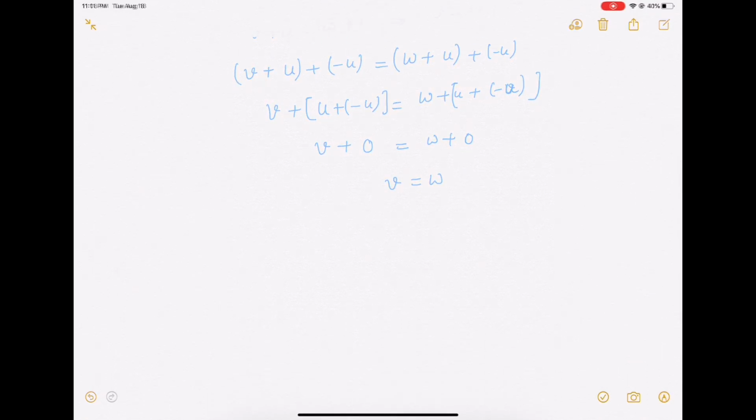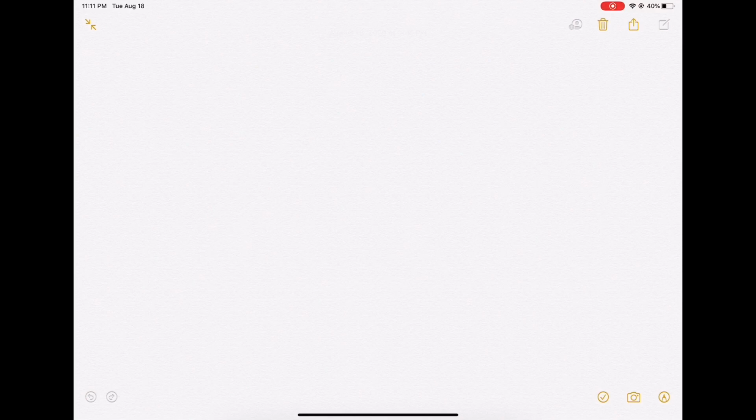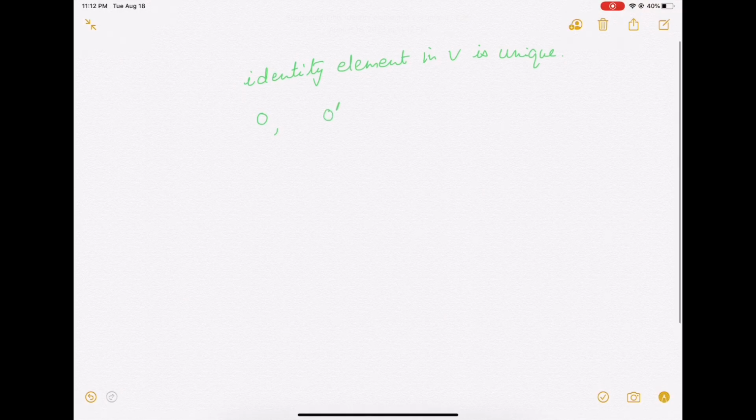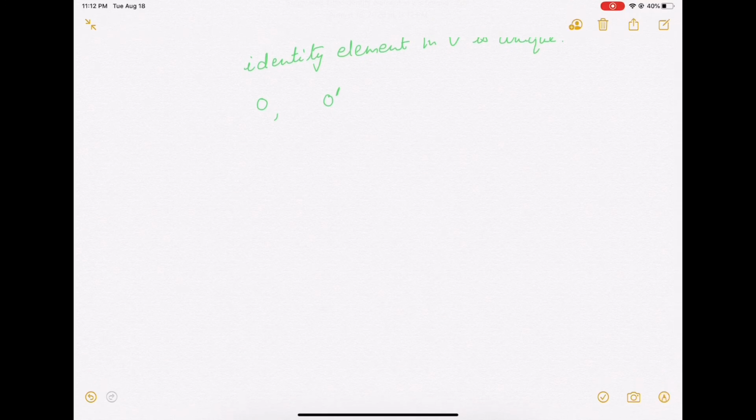Next we will prove that the identity element in V is unique. So 0 is the identity element. We need to prove that 0 is the unique element of V. Suppose this is not the only element which acts as an identity element. Suppose 0 dash is another element which acts as an identity element.